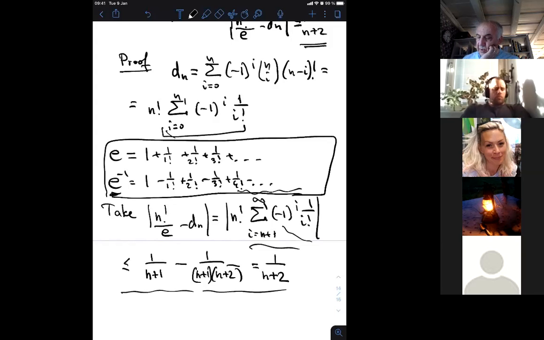But as soon as you know those, and you know this simple fact that if you have a series with alternating terms and decreasing absolute values, then you can estimate the whole sum by taking the first piece of your series, then this formula will follow.